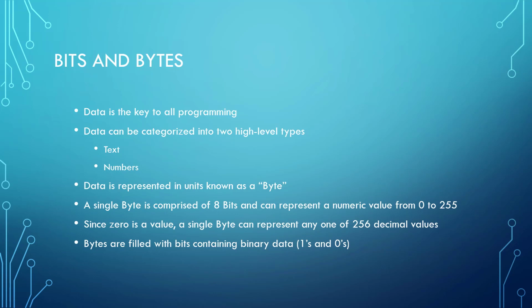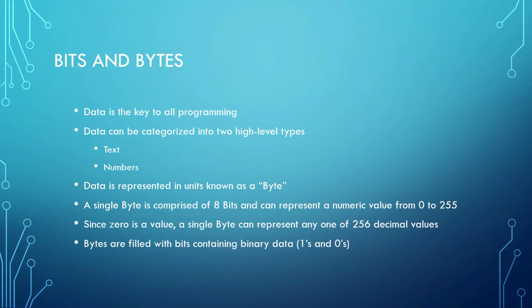So a single byte is comprised of 8 bits. And a byte can store up to 256 different values from 0 to 255. So keep in mind, 0 itself is a value. So a single byte can represent any one of 256 decimal values from 0 to 255.